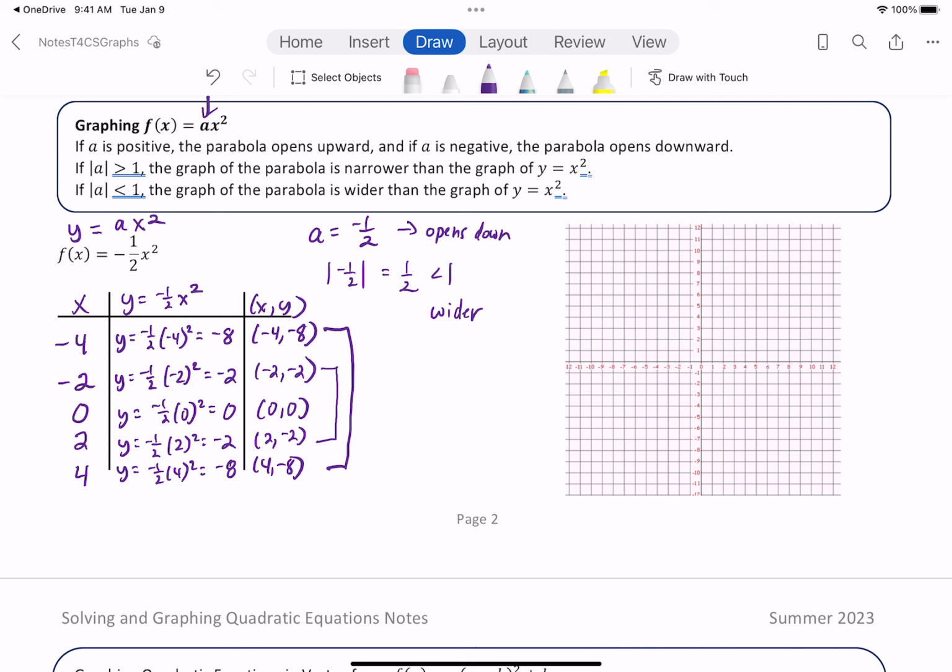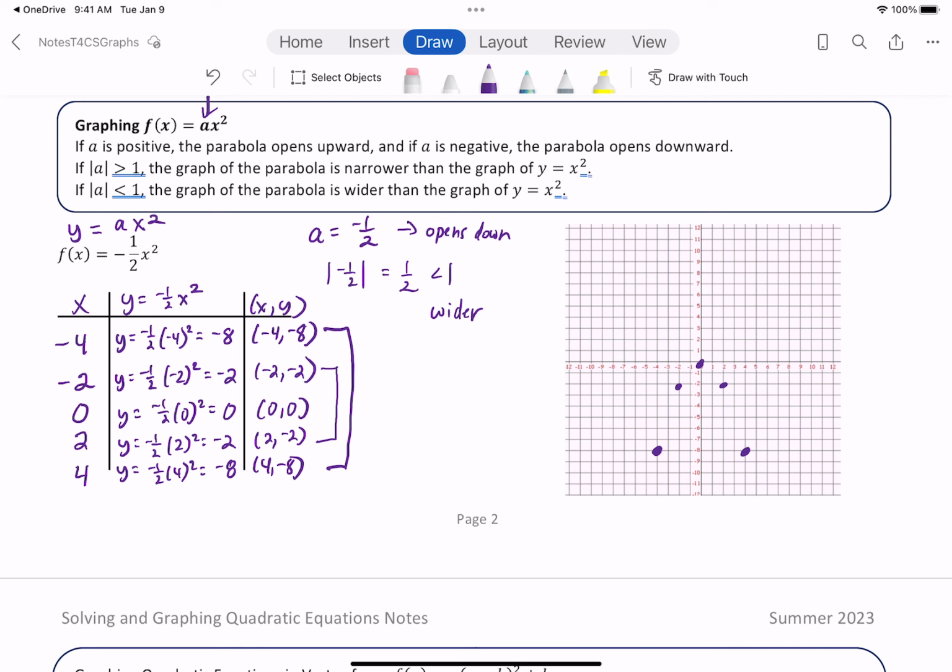All right, let's plot our points. So we got negative 4, negative 8, negative 2, negative 2, 0, 0, 2, negative 2, and 4, negative 8.